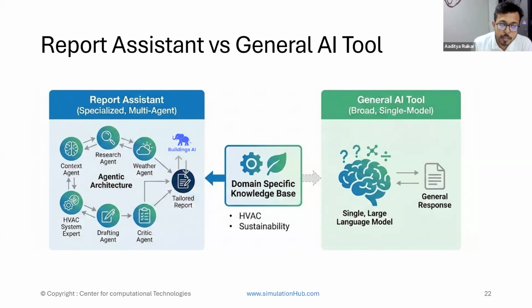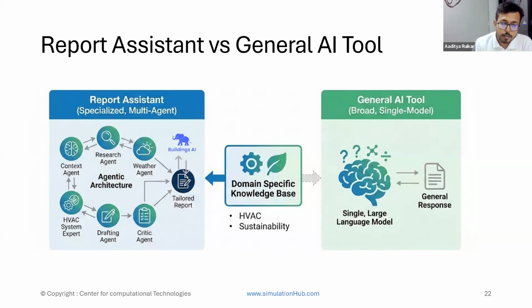We have an HVAC system expert agent, which can compare different systems. A drafting agent, which can draft all the research and context collected in the format the user has asked for. And at last, a critic agent, which checks whatever is drafted, whether it is correct with respect to the OPR, with respect to codes and standards, and domain specific.